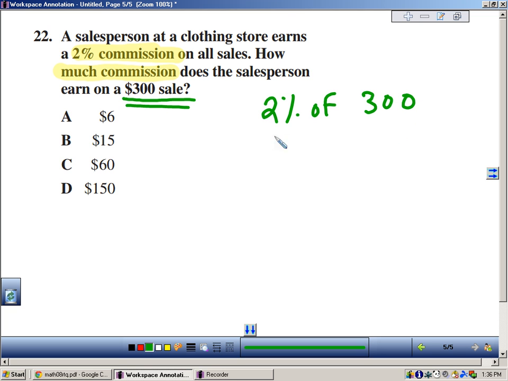Again, we'll write this as a decimal, hidden decimal there, moving left 2 spots. Add a 0, have a blank space. I'm going to multiply it by 300. And just write it out.